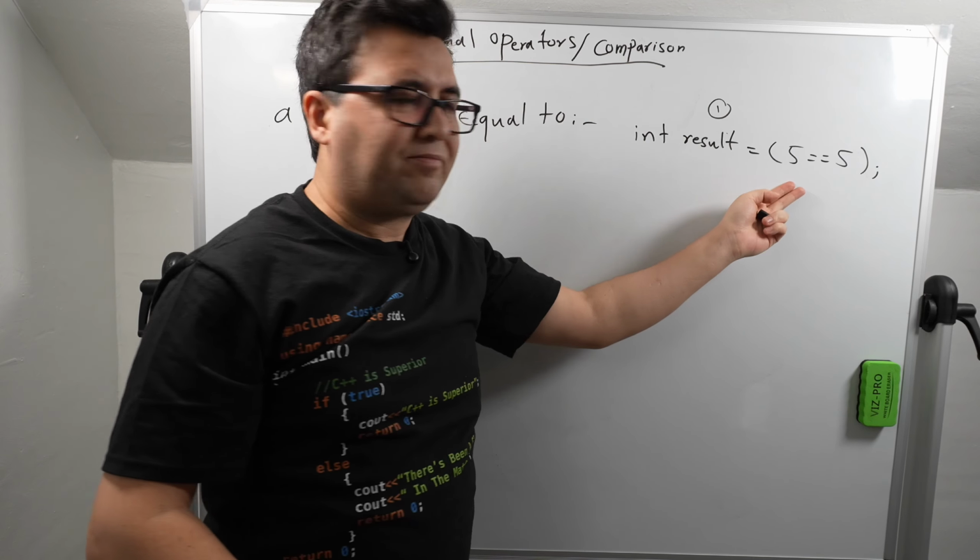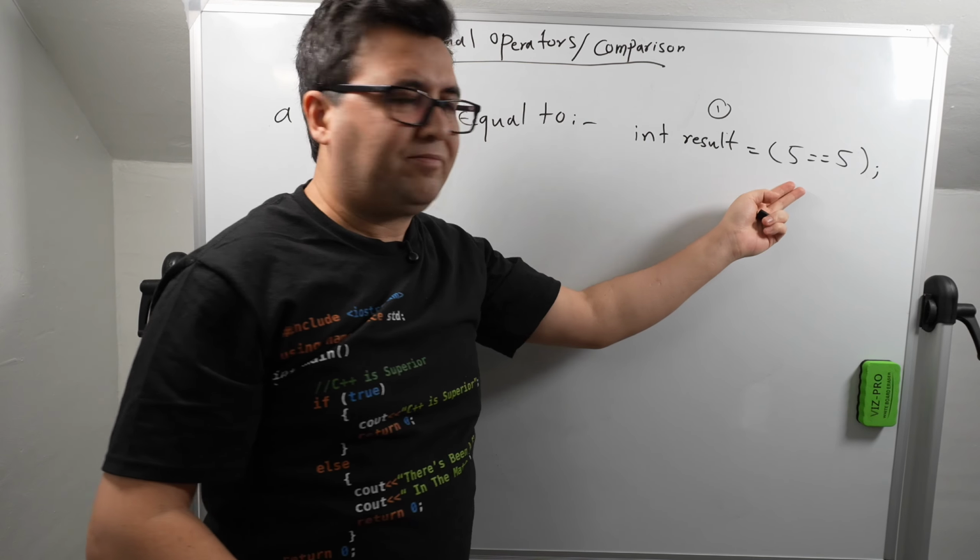So if we have here 5 is greater than 3, the result is true. Inside the result now we have 1, which is true. So it checks if the first value is greater than the second value.